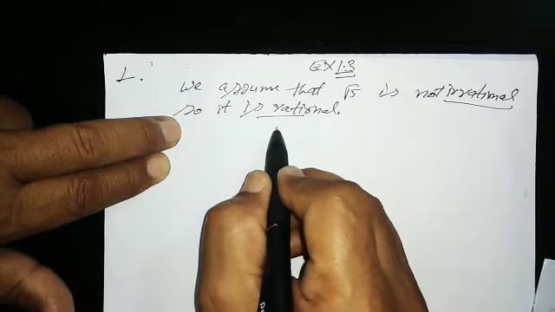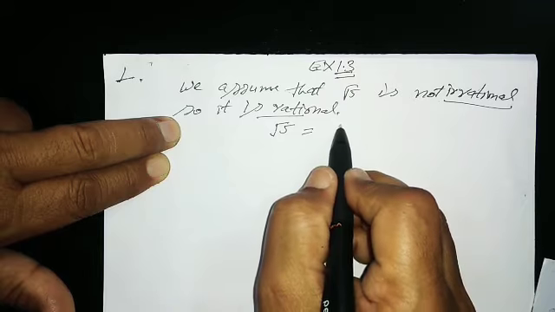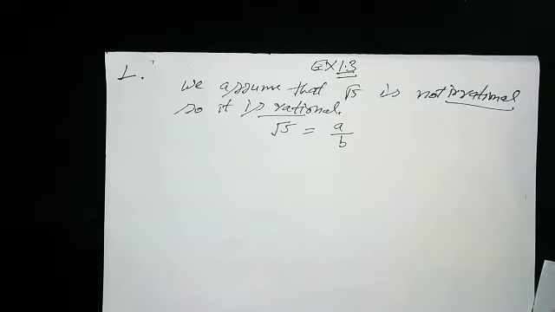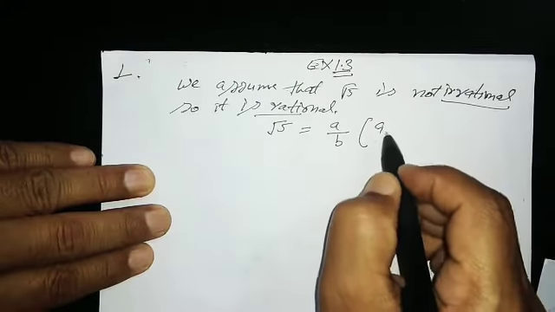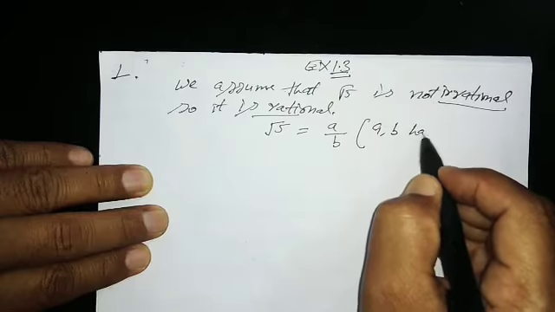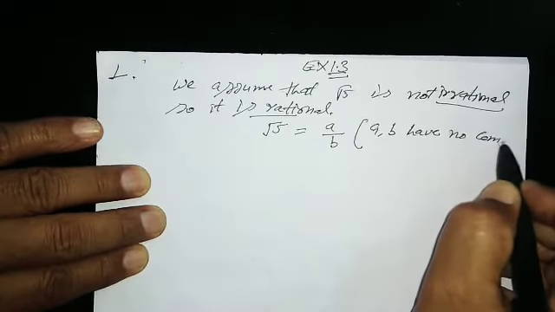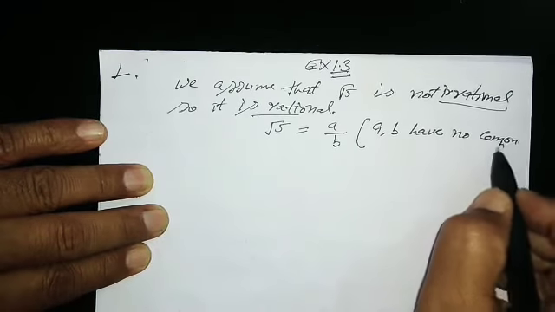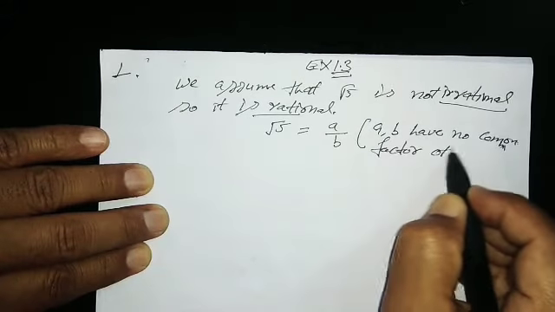And a rational number can be written as root 5 equal to a by b, in this form, with the property that a and b have no common factor other than 1.